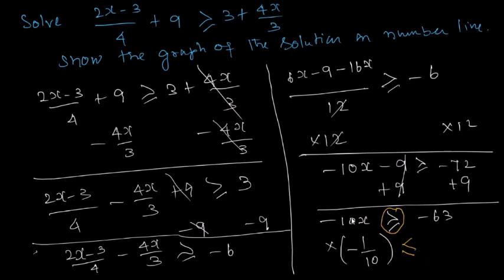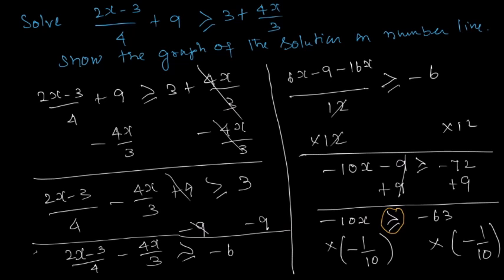So this becomes what? That is less than or equal to. Are you able to follow? Now you can strike out. Okay. So let me proceed in the next page. So 10 can be cancelled, minus and minus gives plus.